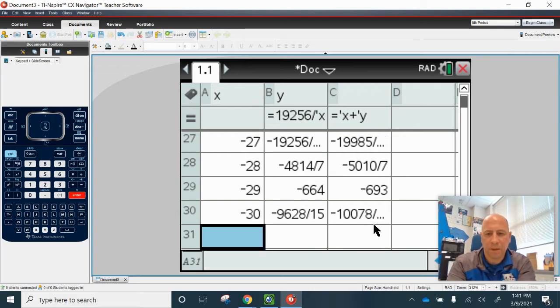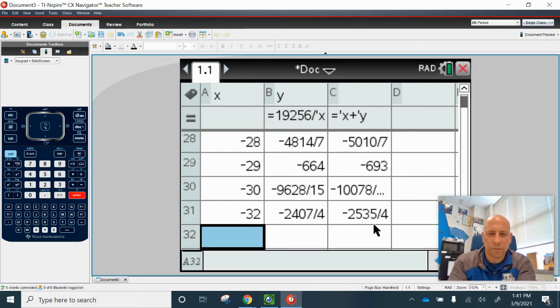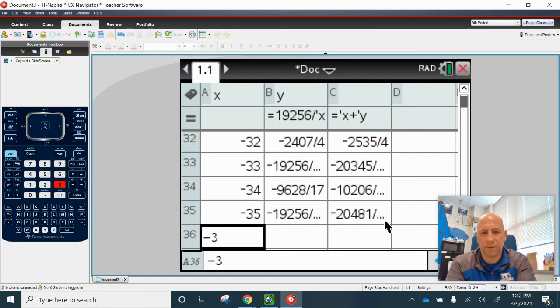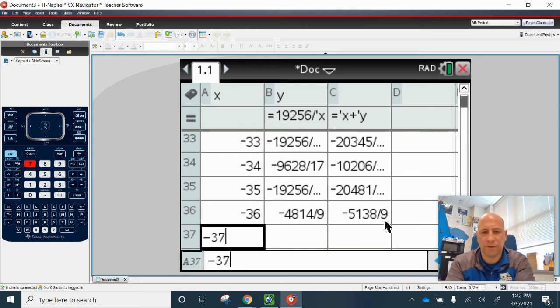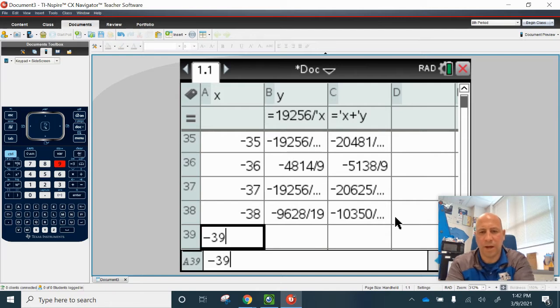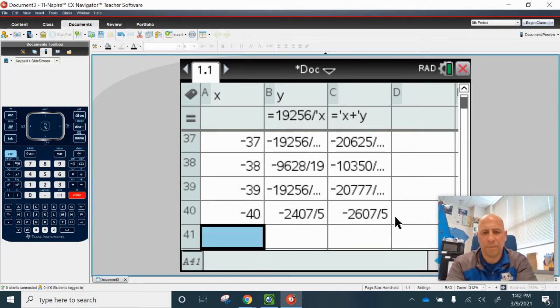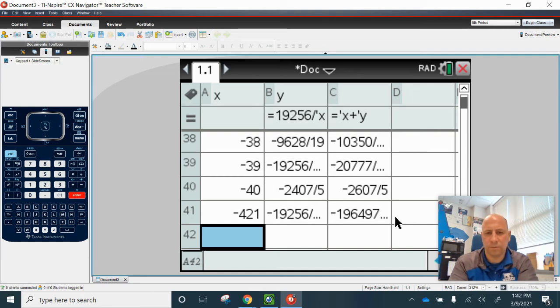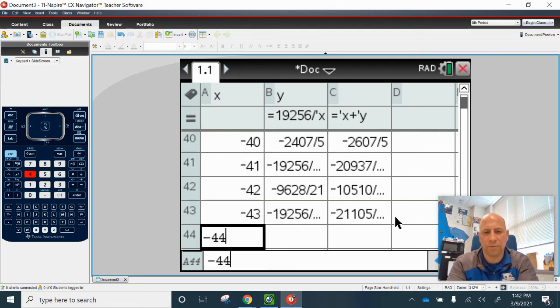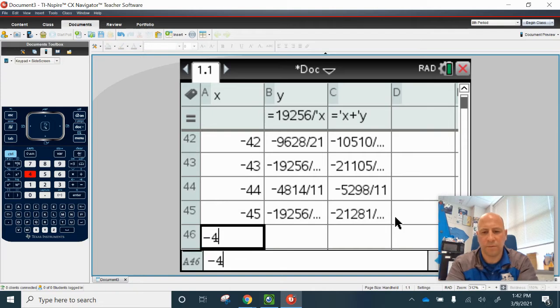Negative 30, negative 31, negative 32, and on through negative 45.